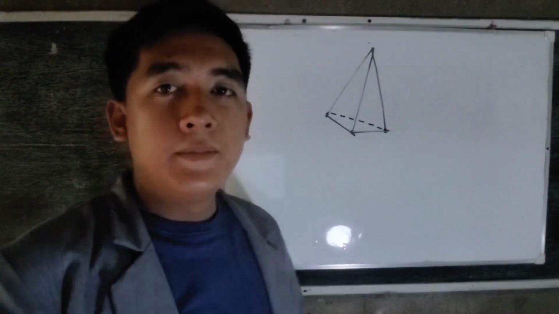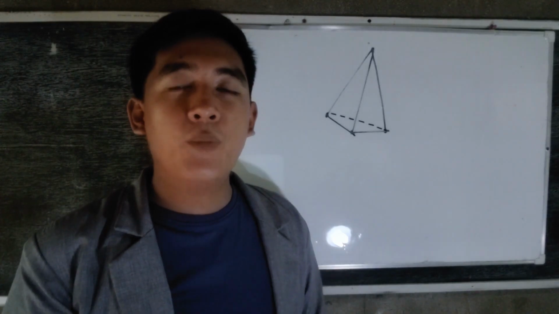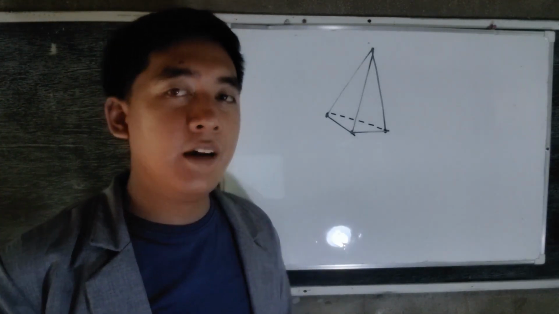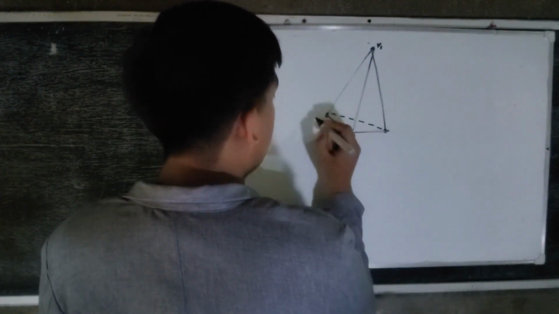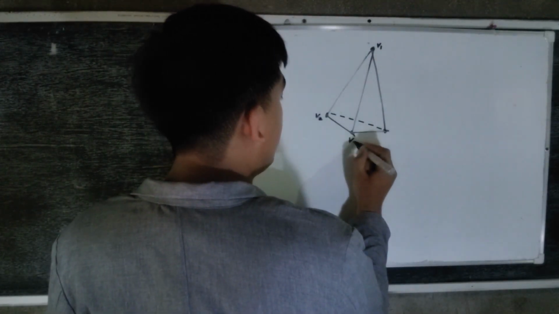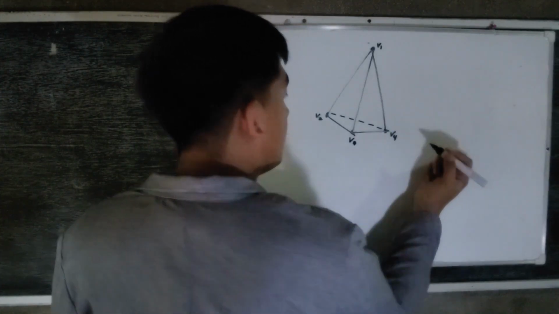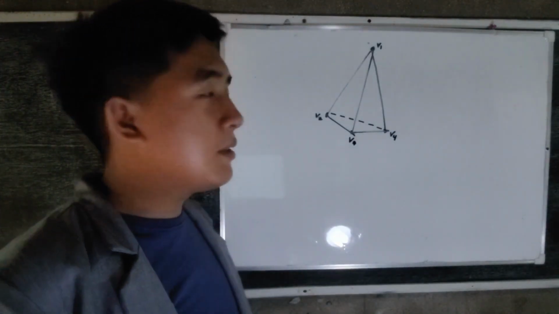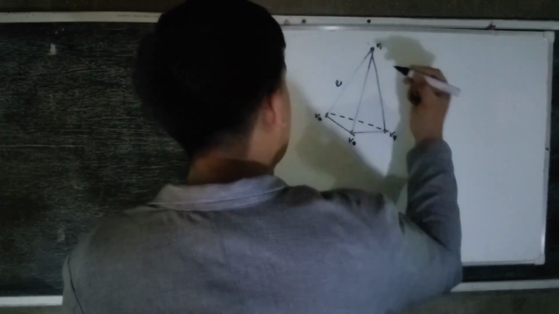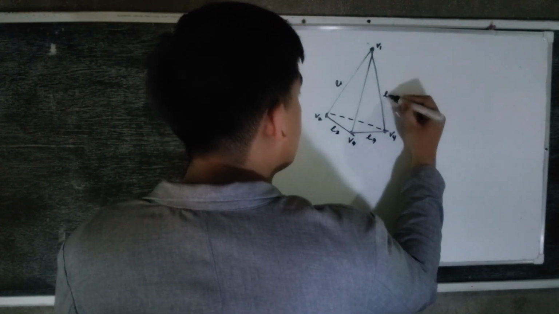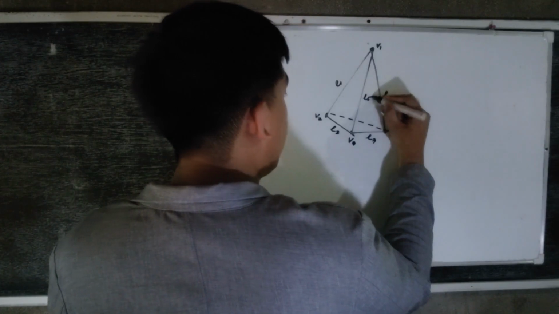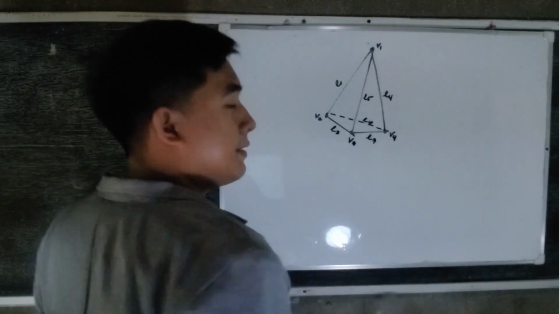Okay, now let us consider a polyhedron, specifically a tetrahedron. So this is a tetrahedron. How many vertices does our tetrahedron have? Let's count. This is one vertex, V1, another vertex, V2, another vertex, V3, and another vertex, V4. How many edges do we have? We have here 1, 2, 3, 4, 5, and then this is 6.